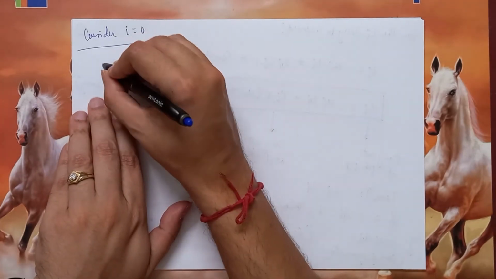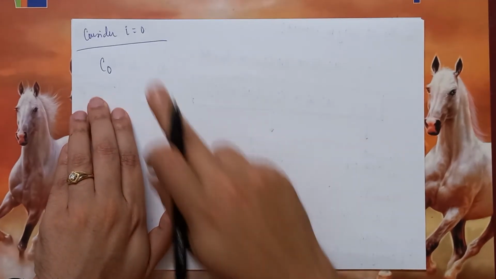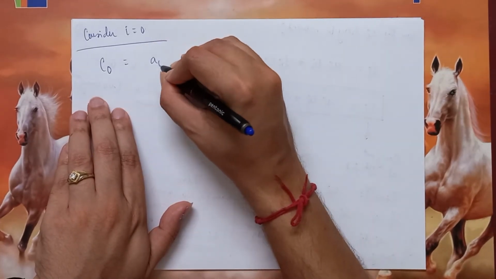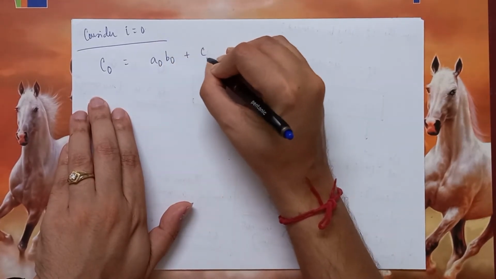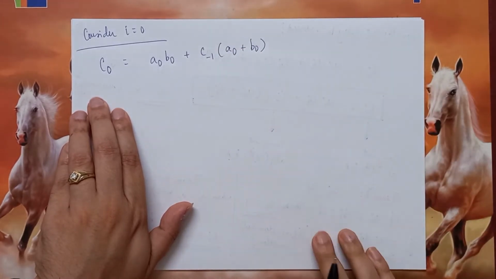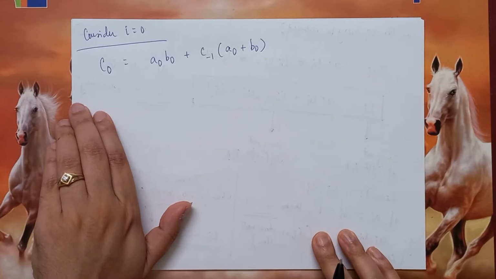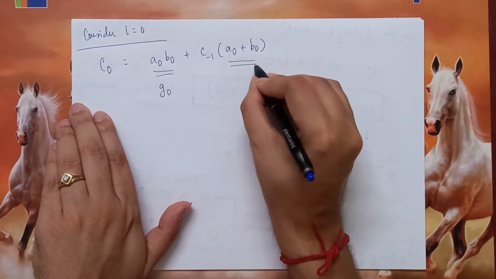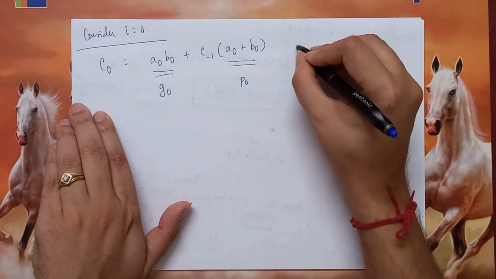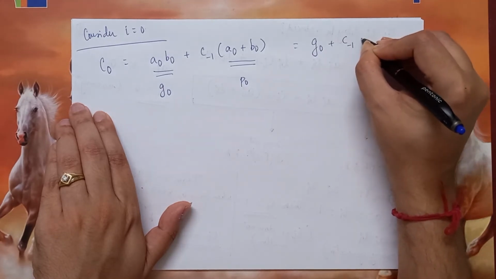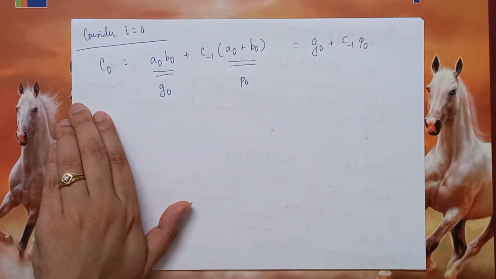So I can say C0, now I will put I equal to 0. C0 is nothing but A0 B0 plus C minus 1 times A0 plus B0. So in other terms, this is nothing but G0 and this is P0. So this is nothing but G0 plus C minus 1 times P0.